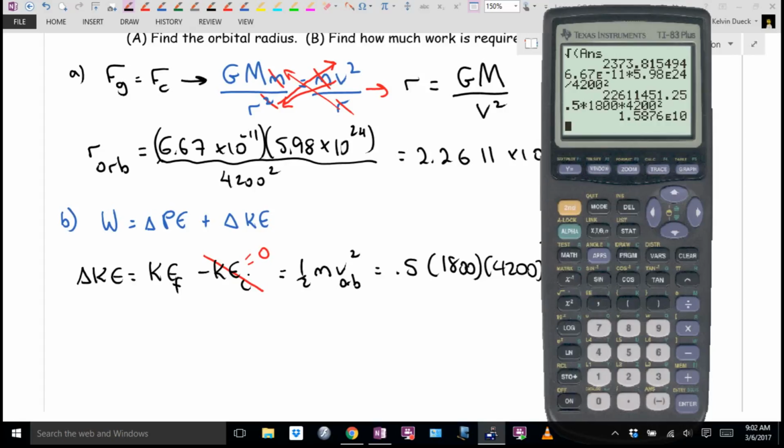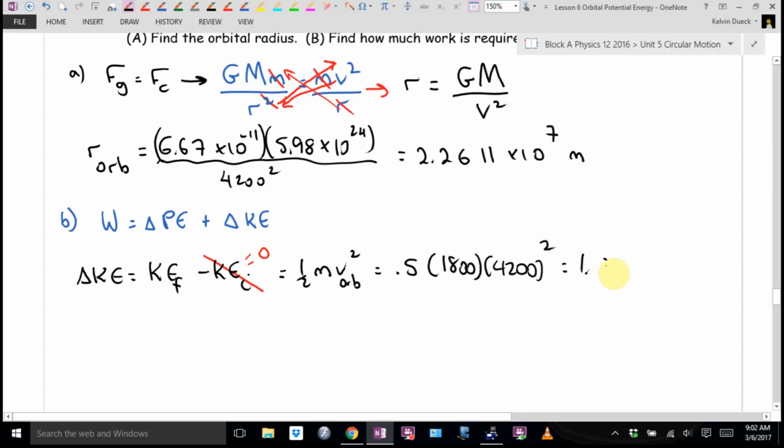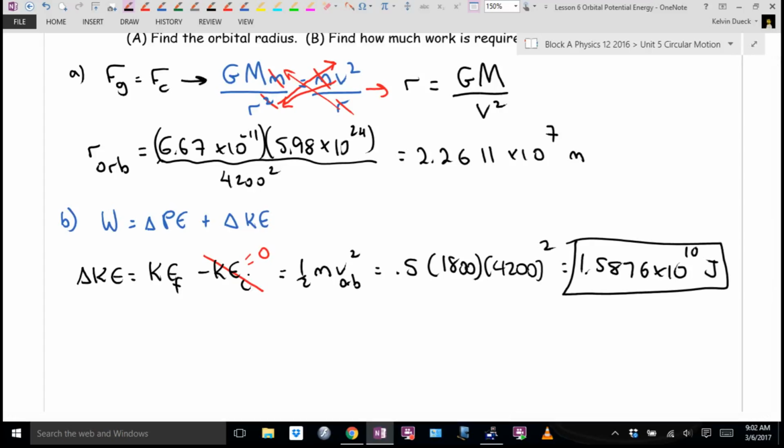And I get how much kinetic energy, and again, this kinetic energy is coming from fuel, so to get it in that orbit is going to take 1.5876 times 10 to the 10th joules of rocket fuel. That's how much fuel you need to keep this thing in orbit.